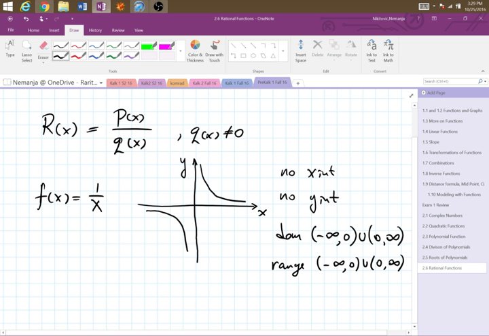But we just want to get these most basic ideas of domain, range, and then the fact that there is no x and y intercept in this particular rational function. Now, just observing the graph, you see that it passes vertical line test, which means that it is a function, right? It is a function. So this is the simplest example of rational function.